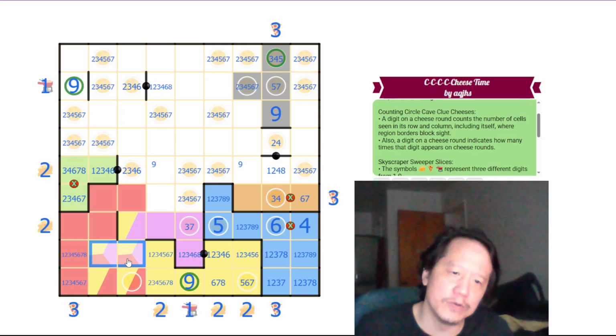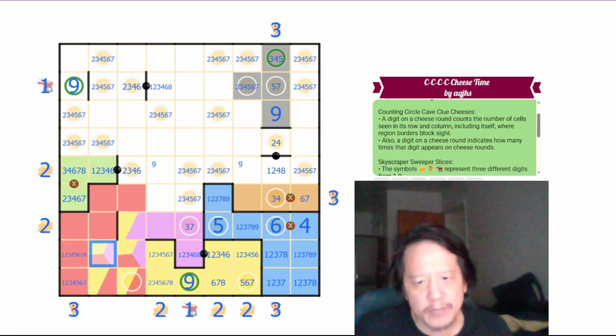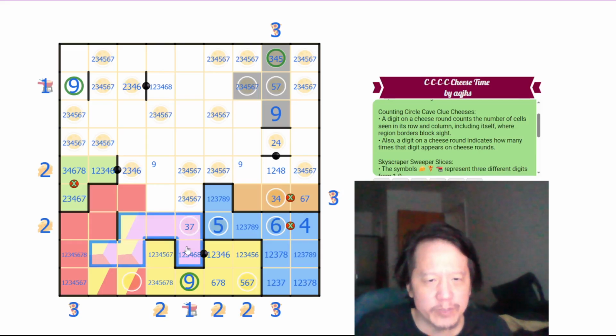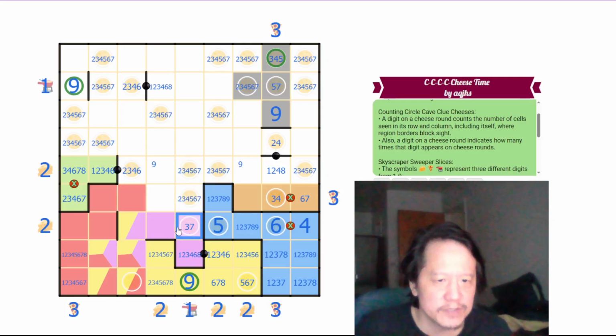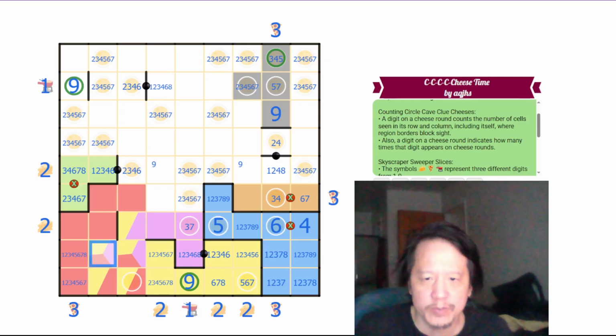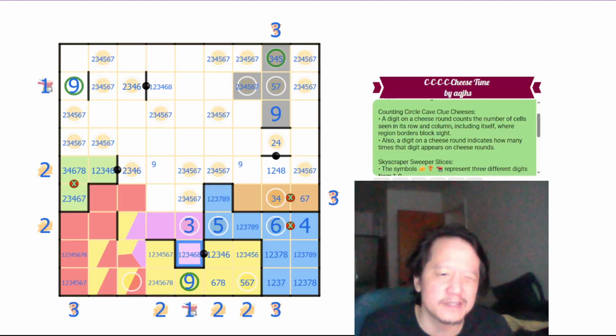Can this be yellow, yellow? Yeah, if that's 7. But this can't be pink. If this were pink, then this would have to be pink. This would see 7 cells. You'd have 1, 2, 3, 4, 5, 6, 7. So then this would be 5, 6 as a pair, but then the 5, 6 would have to see one of these digits here, and therefore this can't be pink. So no pink there. So maybe make this 3 again and see if that leads to contradictions.